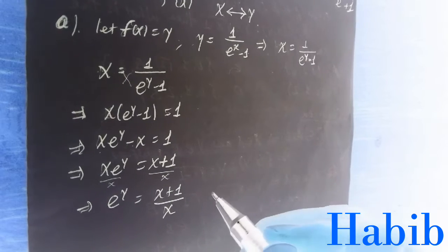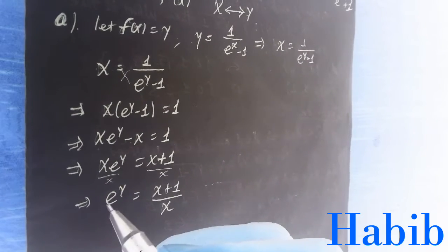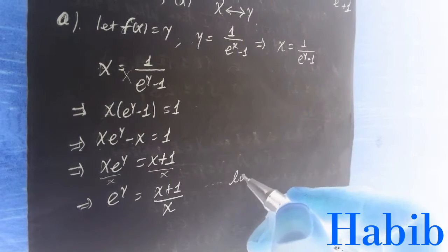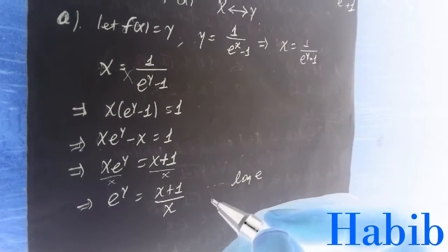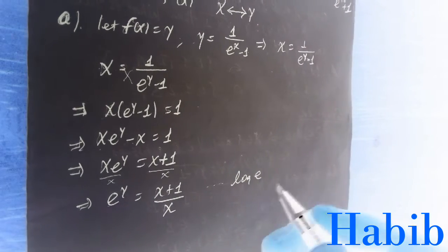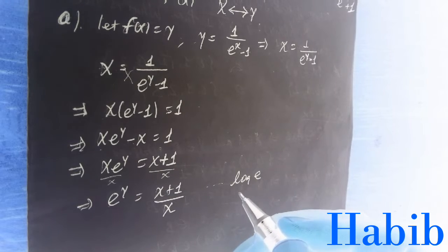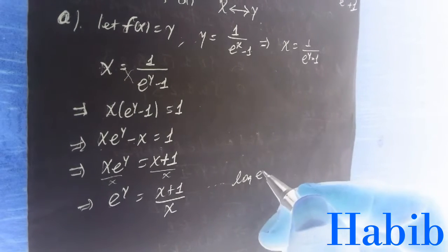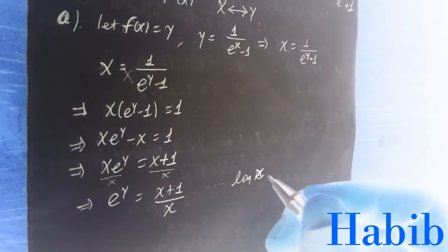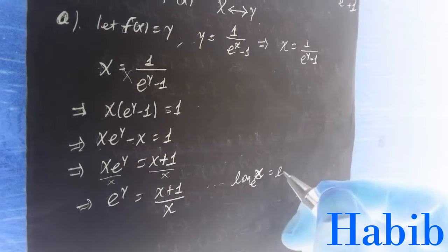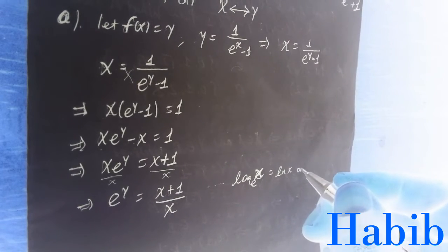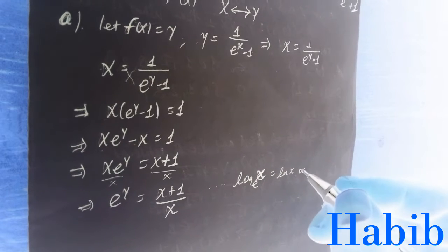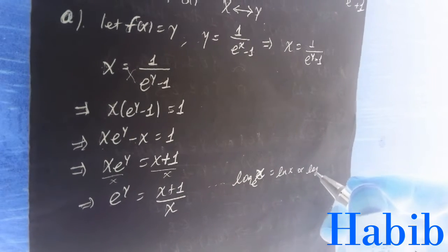In order to find the value of y, we take the natural logarithm of both sides, since logarithm of x in base e equals ln x, because logarithm in base e is called natural logarithm.